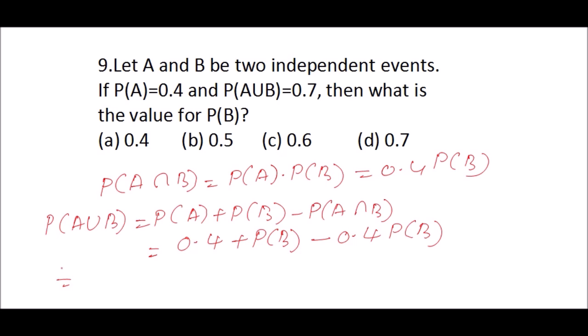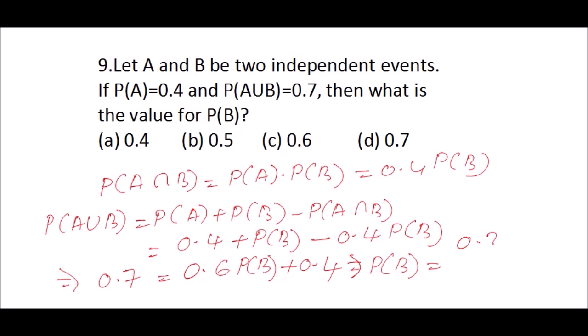And it is already given in the question that the probability of A union B is 0.6. Therefore, 0.6 equals 0.6 P(B) plus 0.4, and from that we can find P(B) by simplifying: 0.3 divided by 0.6, that is equal to half, which is 0.5, and that is given as an option, therefore option B is the correct option.